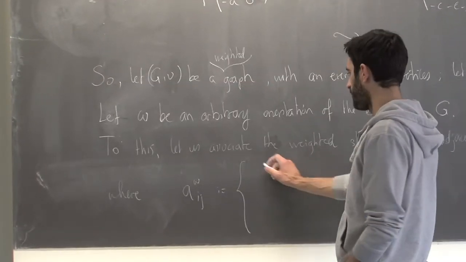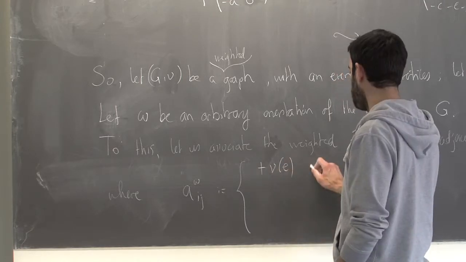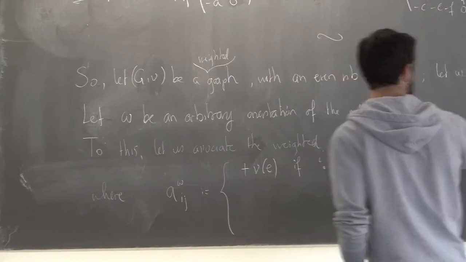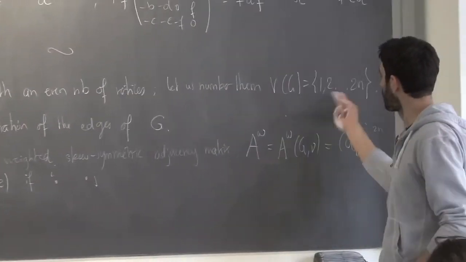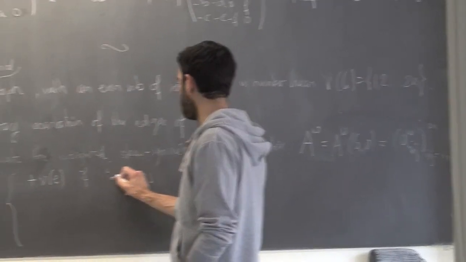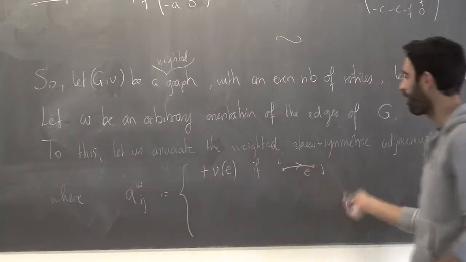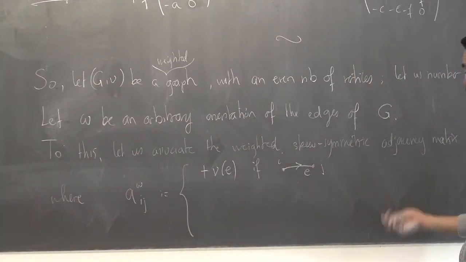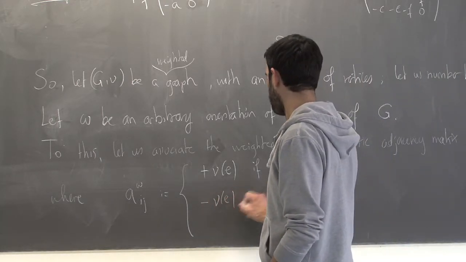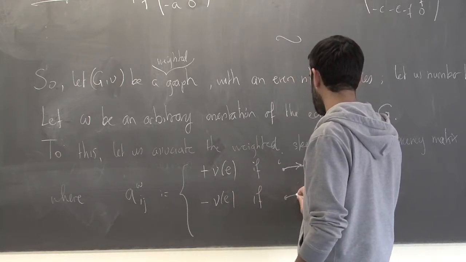So first case, you put plus the weight of the edge E if i and j, so now these indices correspond to vertices, if the vertices i and j are linked by an edge E which is oriented by omega from i to j. Then you set minus nu of E if you have the same story but with the orientation going the other way.